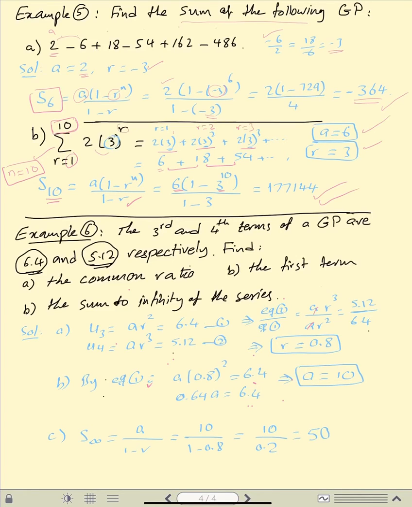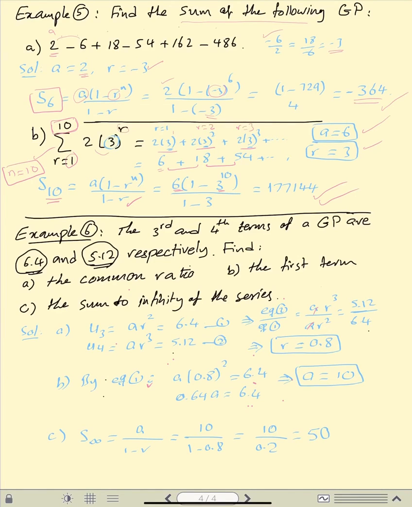Part A, find the common ratio. Part B, find the first term. Part C, find the sum to infinity of the series.